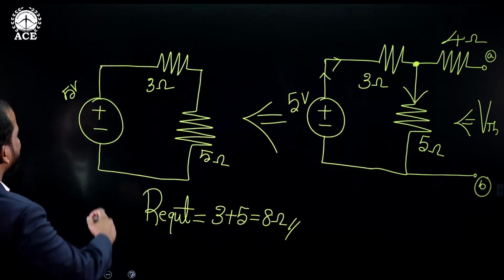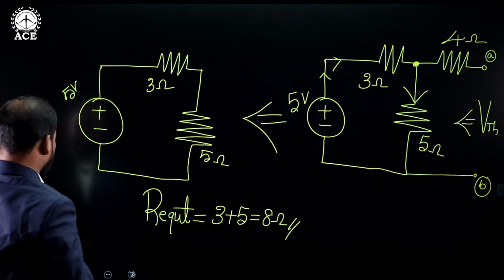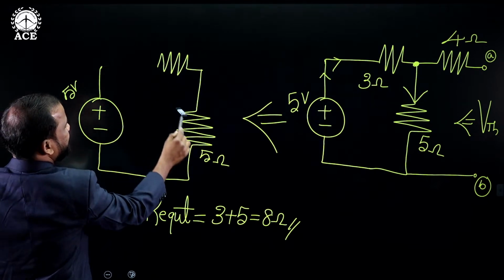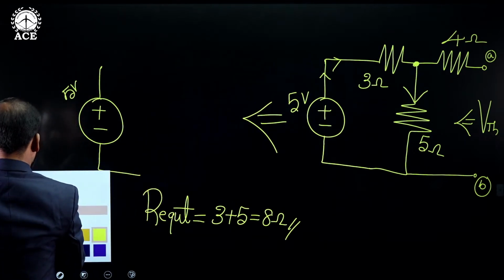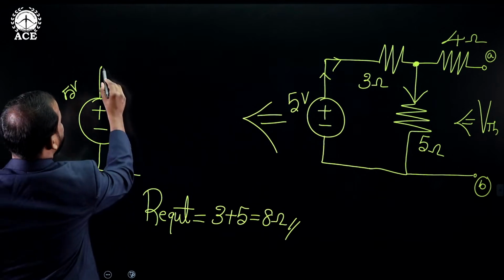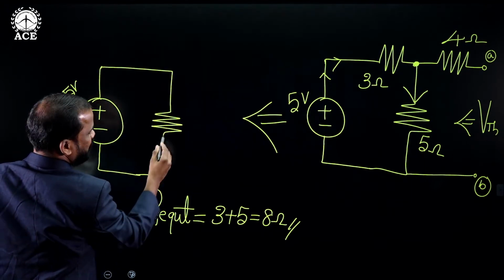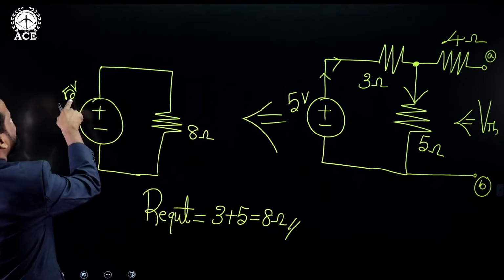Now we calculated the value of equivalent resistance, and after knowing this value, we find the value of current. For better understanding, I am simply replacing this resultant instead of this. That value I am replacing here. What is this value? 8 ohms. We have the resistance value, we have the voltage value.